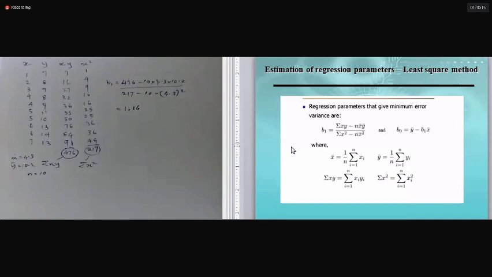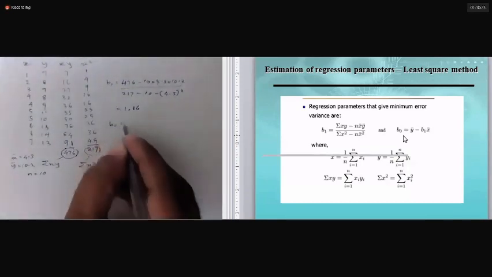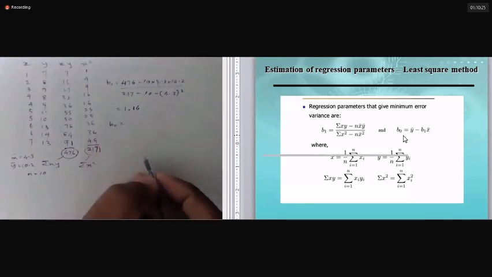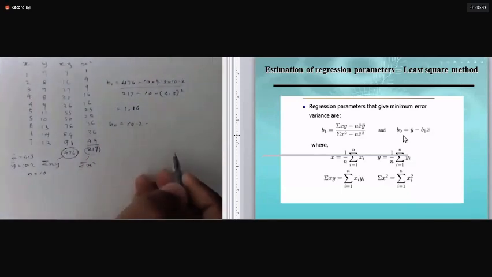Then we want to find B naught. Now B naught, you can use this formula. B naught is equal to y bar, that means 10.2, minus B1 times x bar.